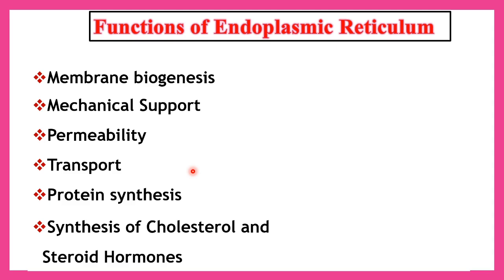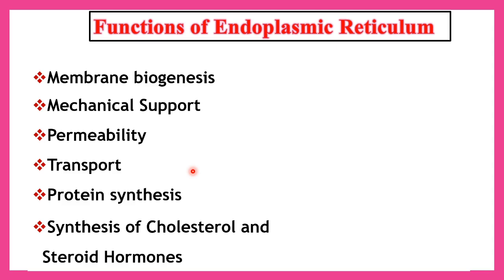Protein synthesis. Protein synthesis happens in the rough endoplasmic reticulum. The endoplasmic reticulum provides space for protein synthesis. Lipid synthesis and storage. Smooth endoplasmic reticulum is the main site for lipid synthesis. It consists of triglyceride formation sites.